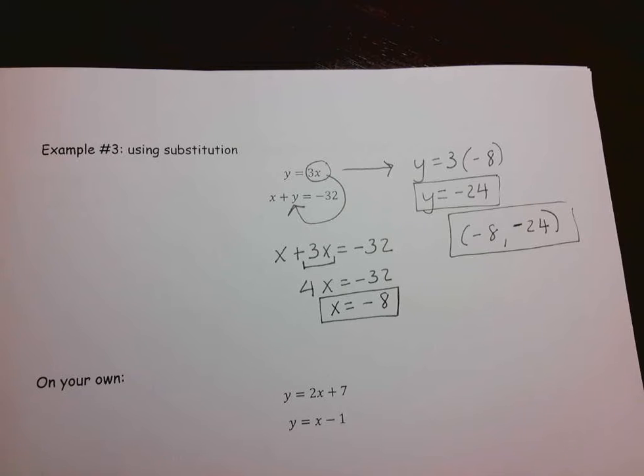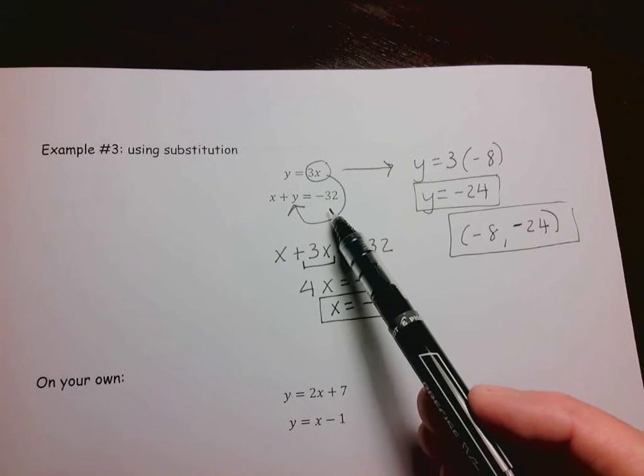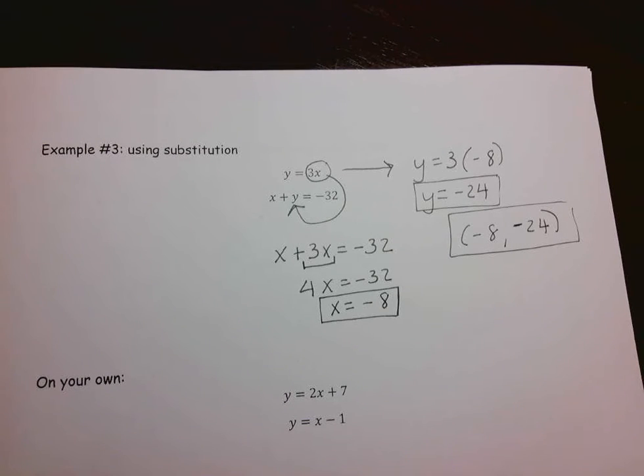And if I wanted to check that answer just to make sure it's correct, all I have to do is plug it back into each one of these. When x is negative 8, is y negative 24? I do that for both of them and make sure that it works. So I could have solved this just as easily through graphing, but substitution is another way that we can solve a system of linear equations.